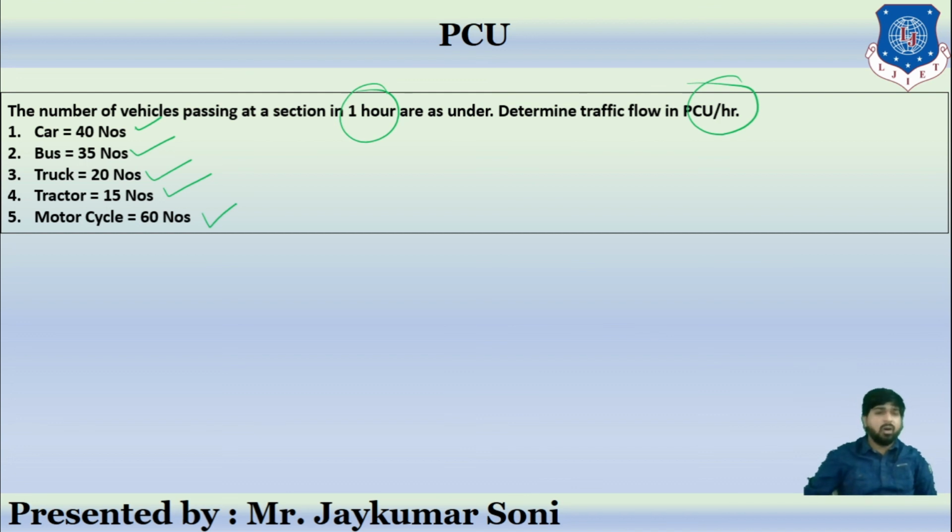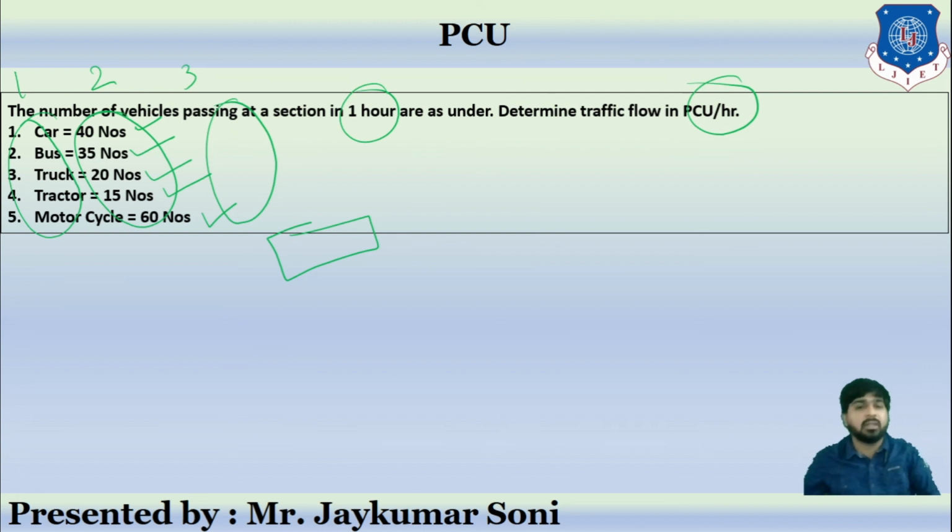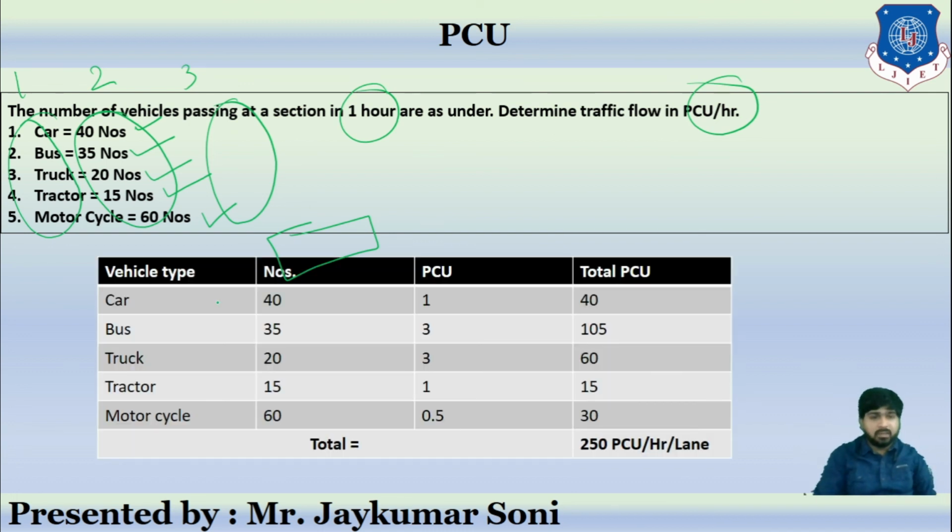So what we will do? We'll have the first column of the classes of vehicle, then their number, then PCU for that, and then we will have the total summation of all these things. See, these are the vehicle types given over here. These are the numbers given in the statement.